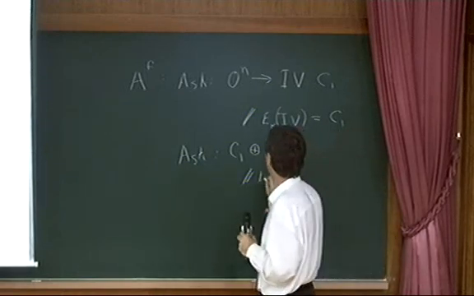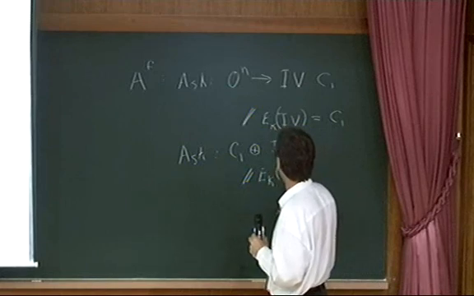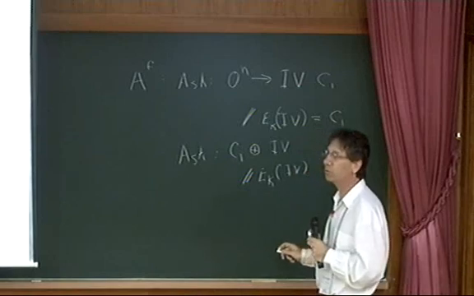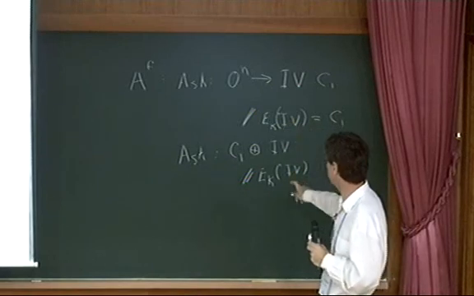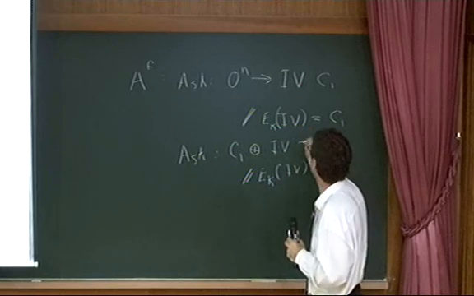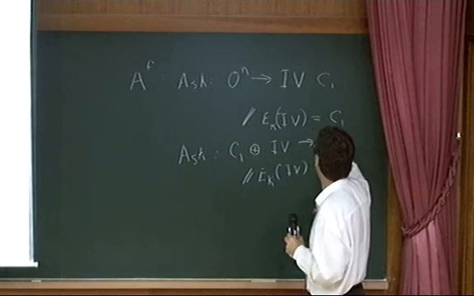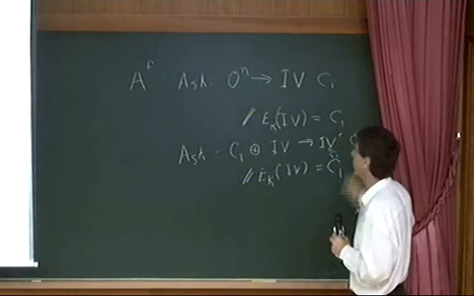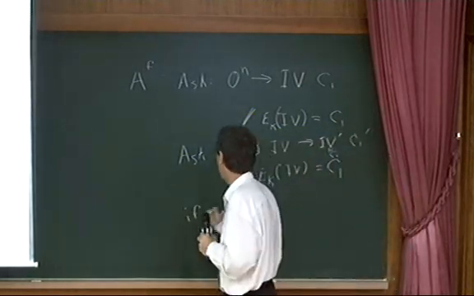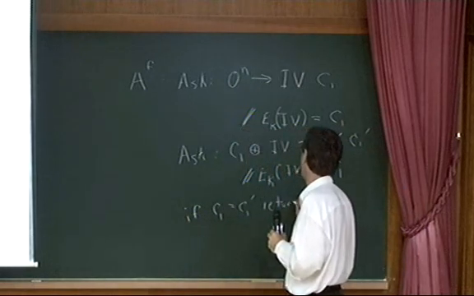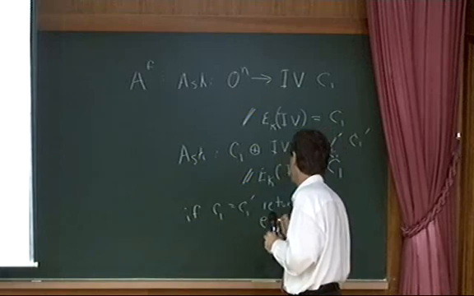And so if I have the good encryption oracle, E sub k of IV is what I'm going to apply the block cipher to, and it'll again equal C1. So this results in IV prime, which I know is going to equal C1, and then C1 prime. Finally, if C1 equals C1 prime, I'm going to return 1, else I'll return 0.